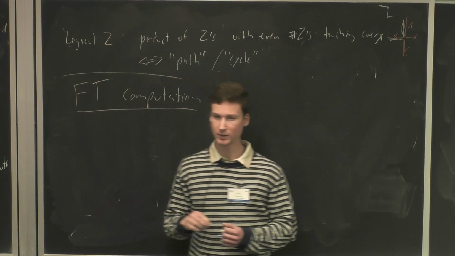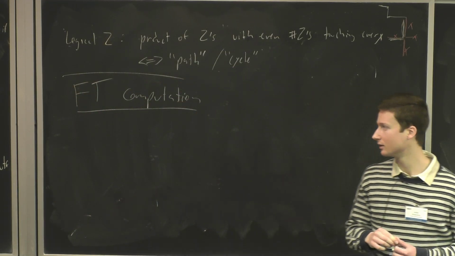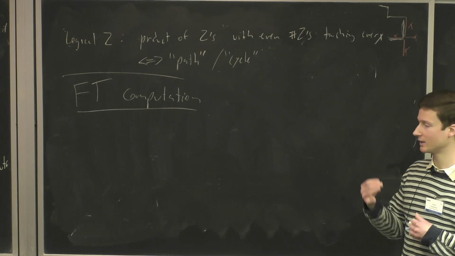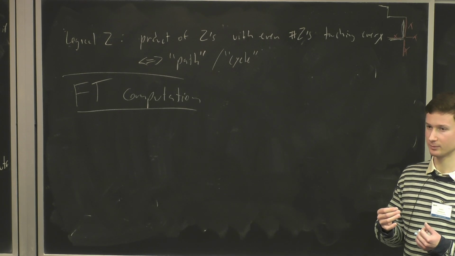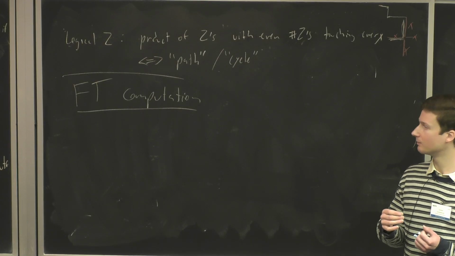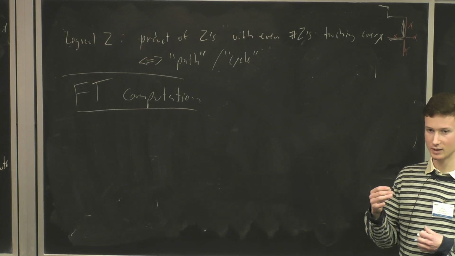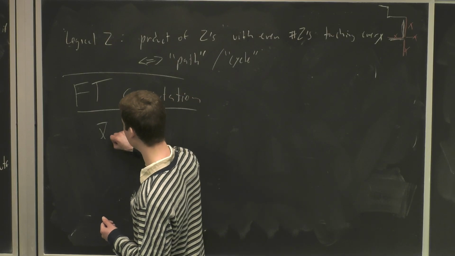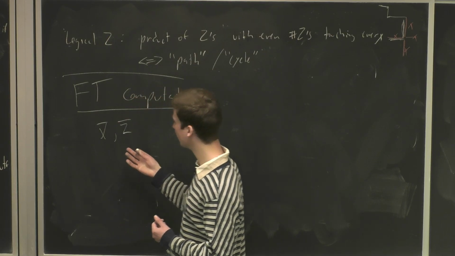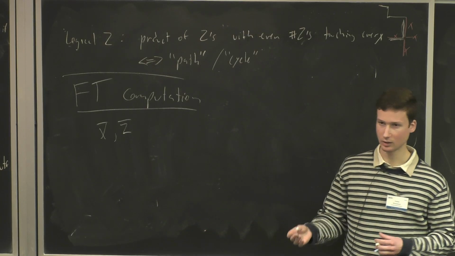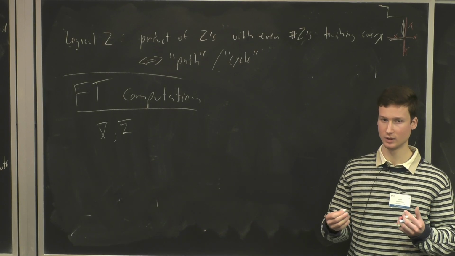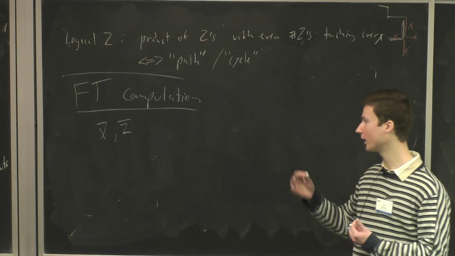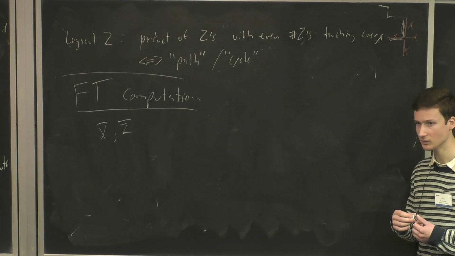Essentially, everything we've seen so far is about storage. We've seen how we can take a quantum state and encode it such that even if errors happen, we can recover the original quantum state. We've only seen computation in the context of logical X and logical Z operators. This basically told us how we can do a logical X gate on our logical qubit without decoding and then re-encoding, or how we can do a logical Z gate.